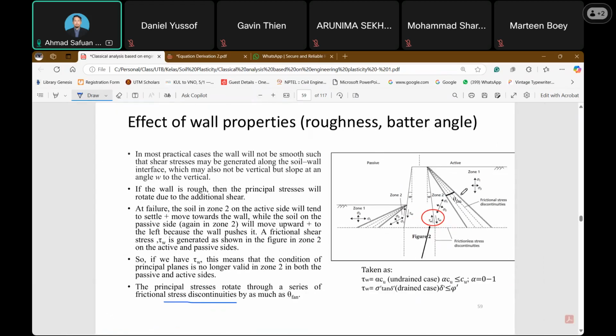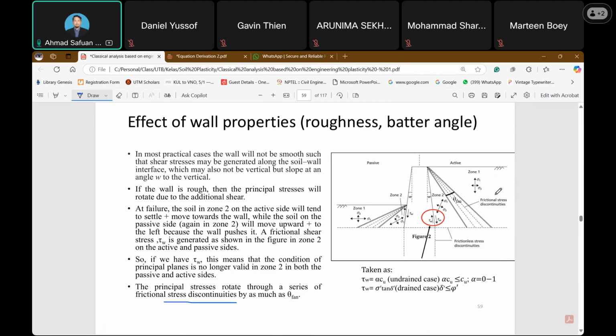The change from zone 1 to zone 2 is due to the frictional stress discontinuities. Basically this approach has been used for shallow foundations. Perhaps next week we will discuss the shallow foundation issue.